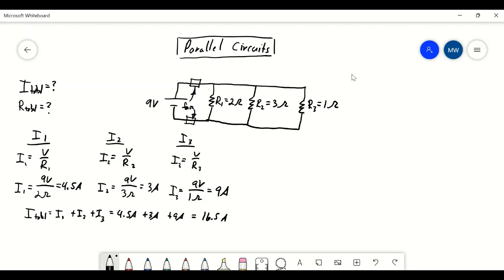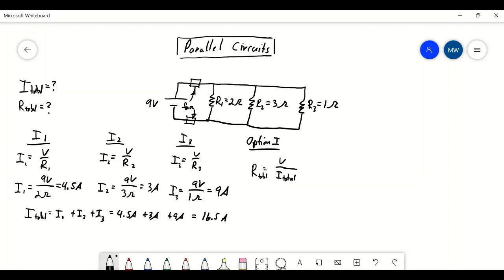So to find our total resistance, we'll call this one option 1. And all we have to do, now that we've found what our total current is, we use Ohm's law, and we'll just solve it for resistance. So R equals V over I. So for the total resistance, I have to use the total current.